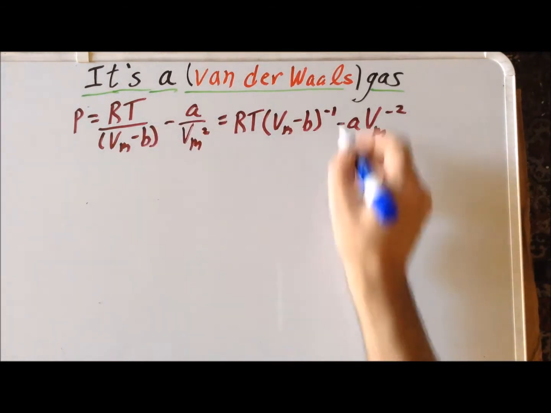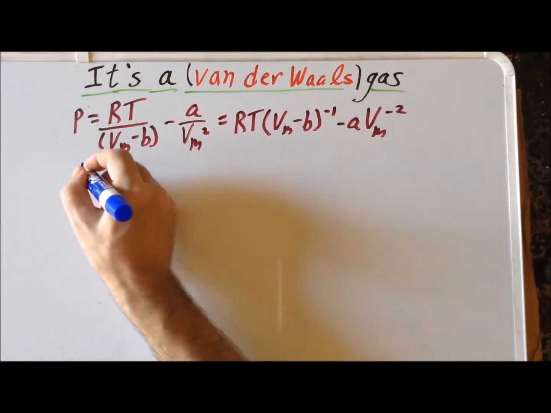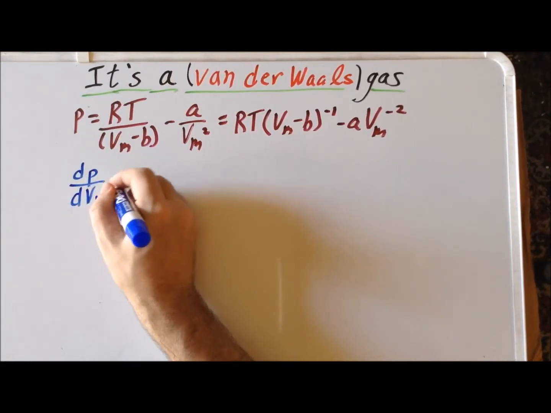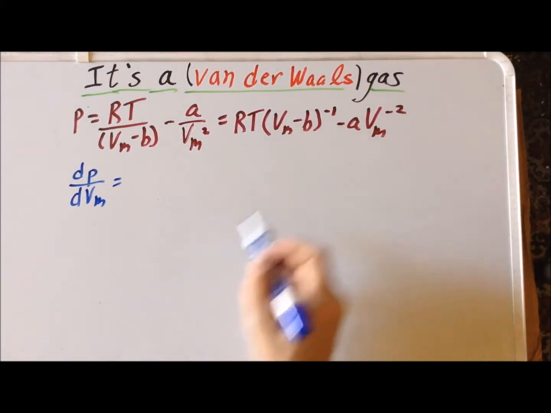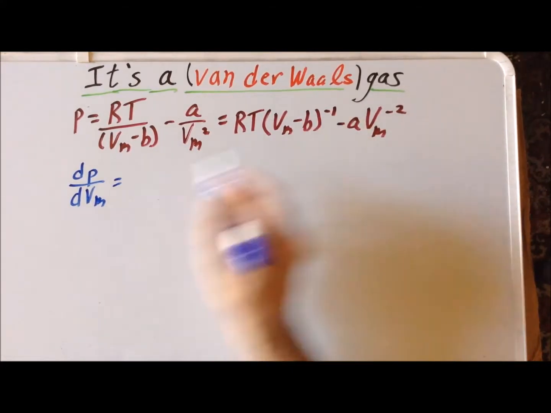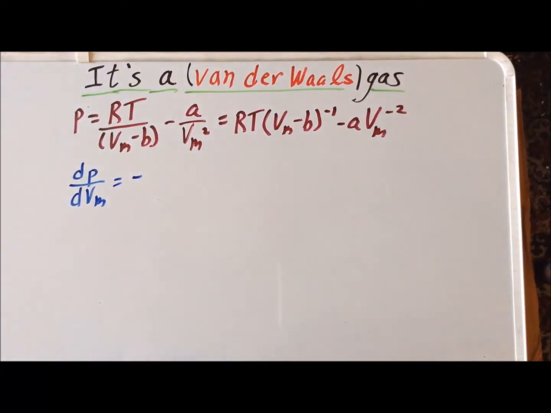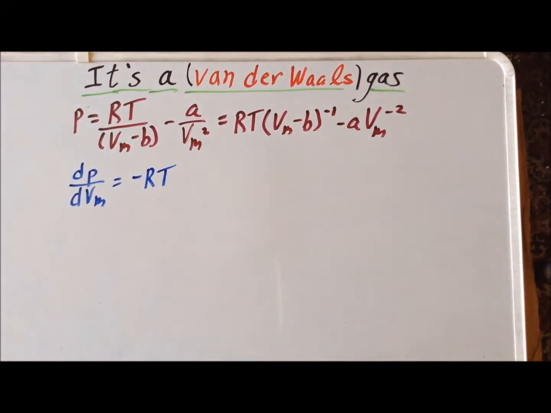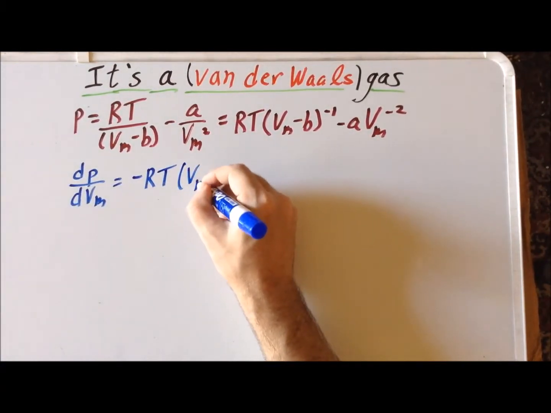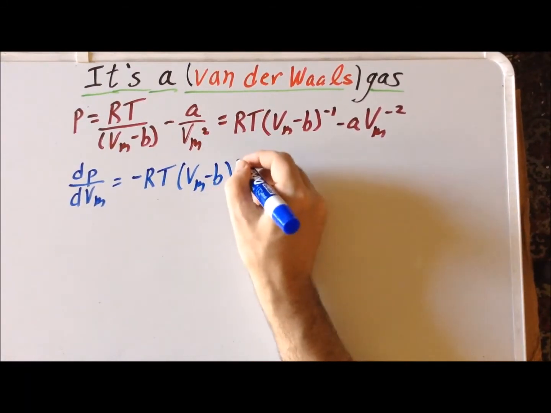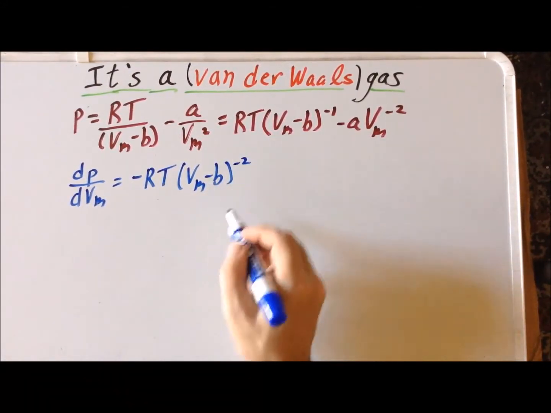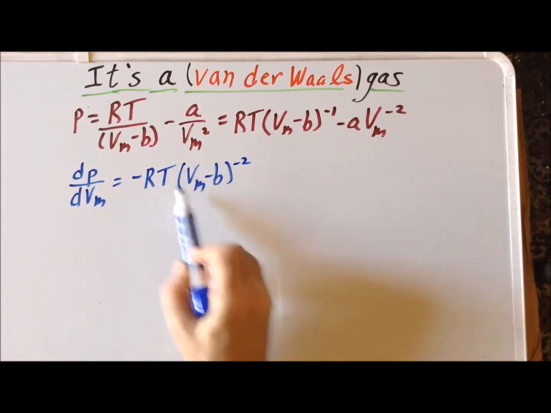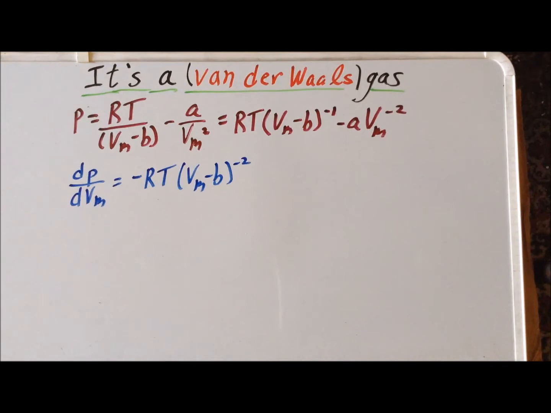Next, we want to differentiate this expression for P with respect to the molar volume. We use the rules for exponents, bringing the exponent in front as a multiplier, times RT. R and T are both constants in this differentiation. And then we have V sub m minus b to the minus 2nd power, then using the chain rule times the derivative of V sub m, but this is just equal to 1.